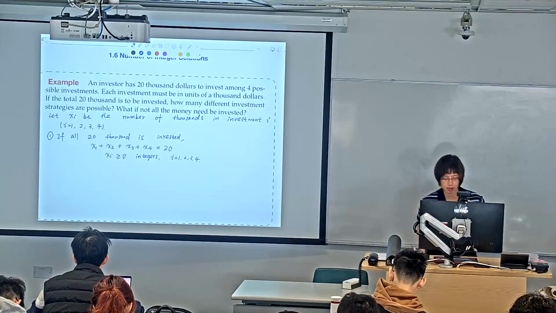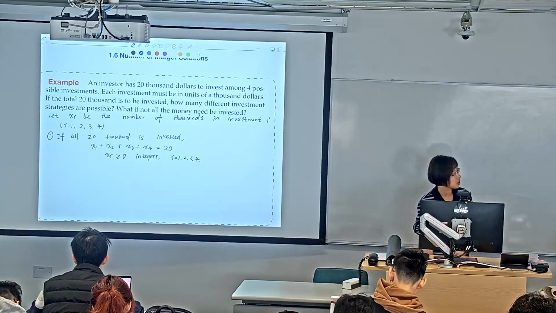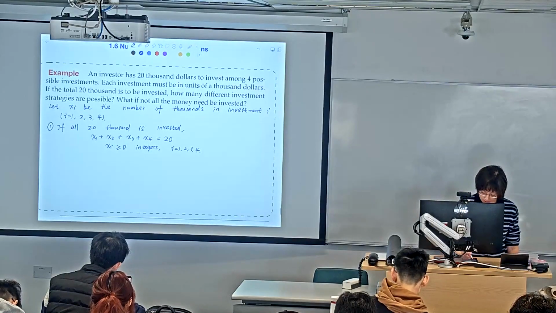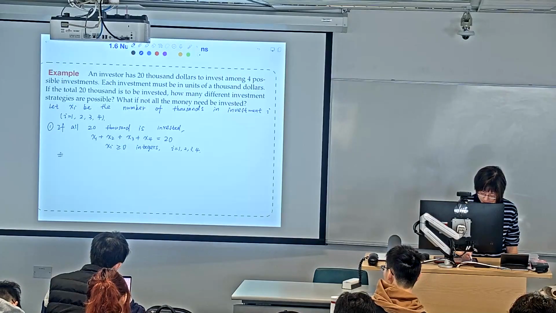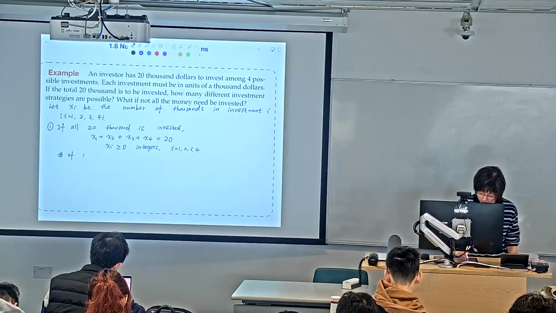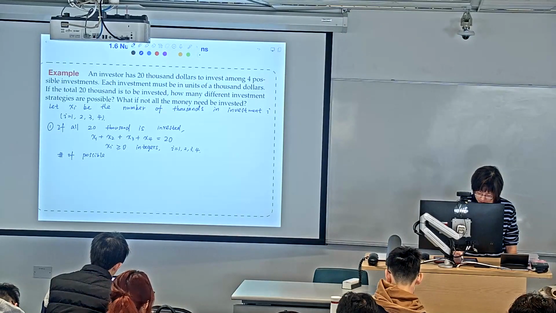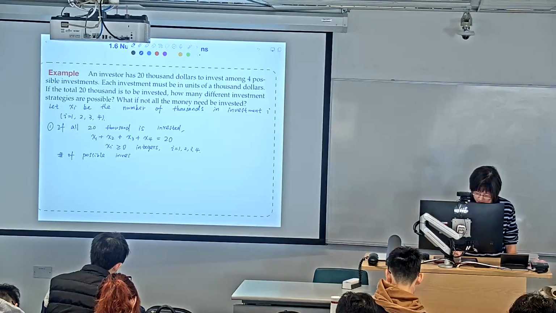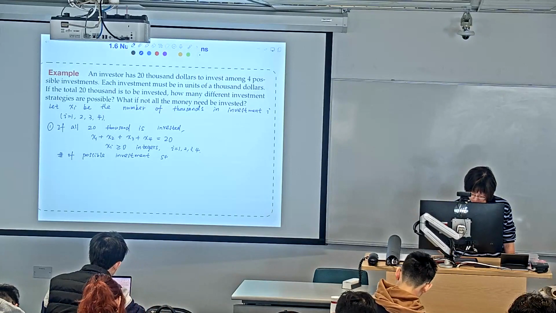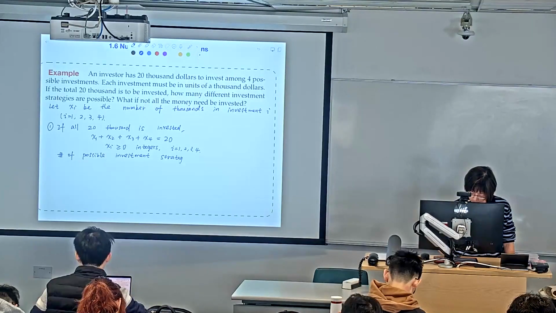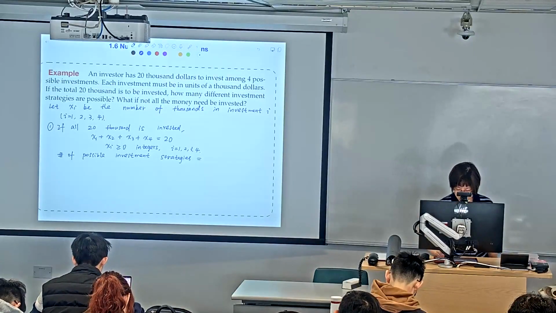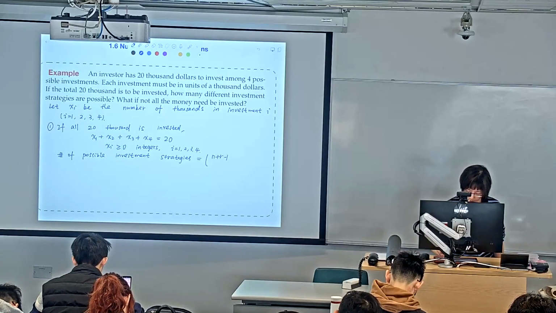So this is exactly the linear equation with solutions being non-negative integers. So the number of different possible investment strategies, we can just use a formula for non-negative solutions, which is n plus r minus 1, choose r minus 1.